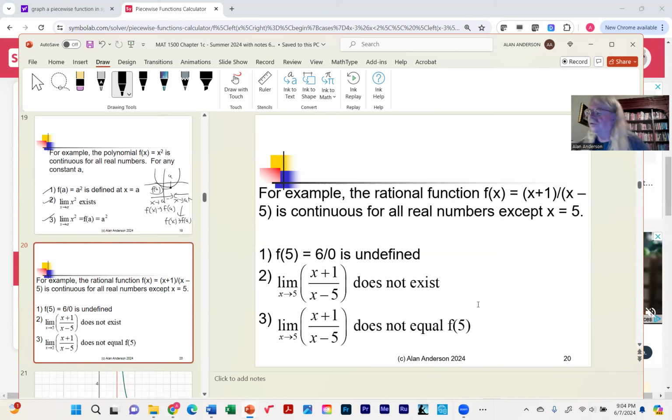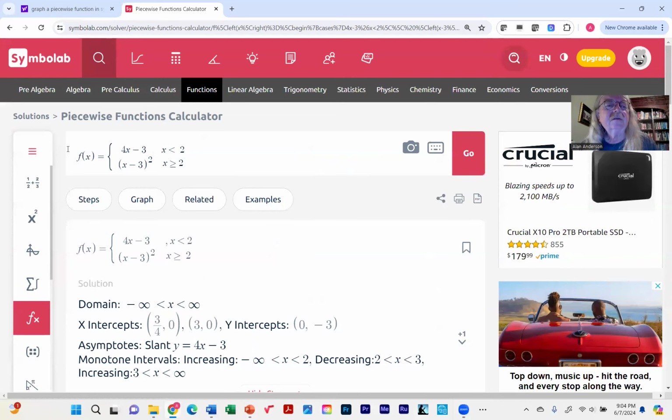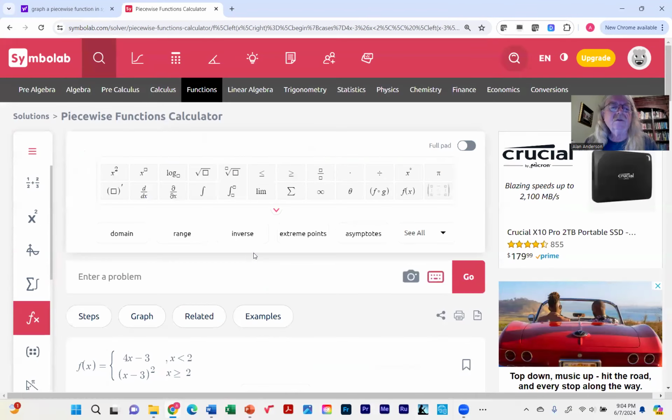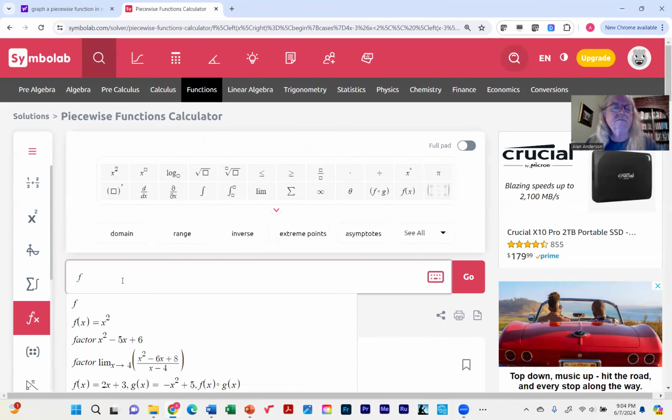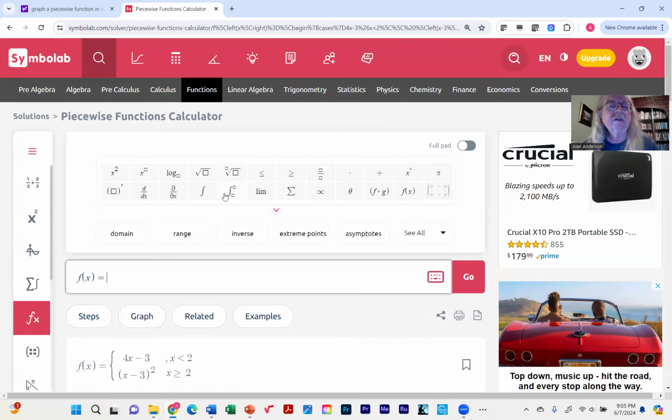Now this one, the rational, remember rational is just a ratio of two polynomials. Whatever it looks like, actually, let's go graph it. We know that it's going to have a hole at x equals 5. f of x equals x plus one over x minus five.